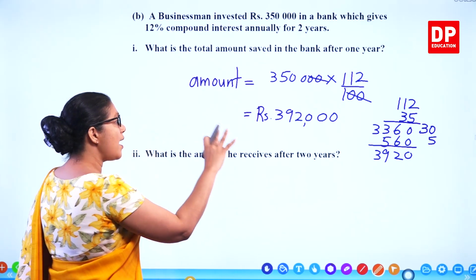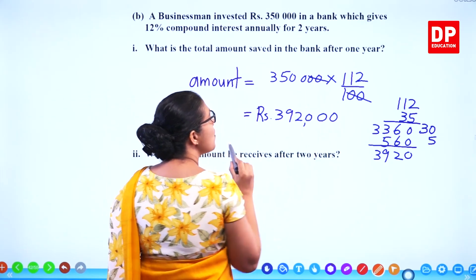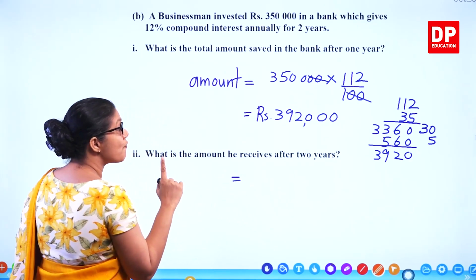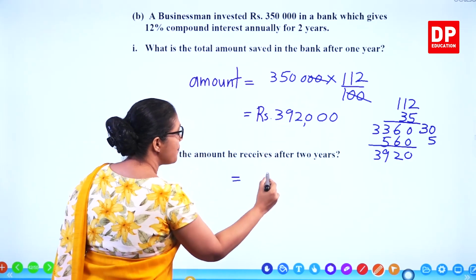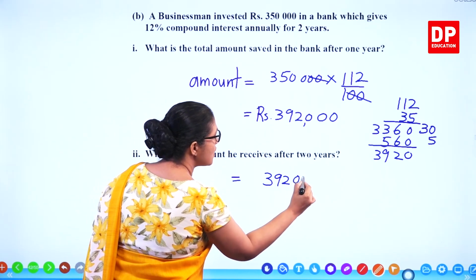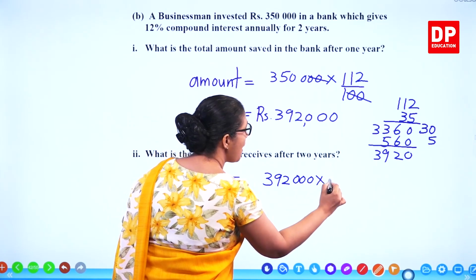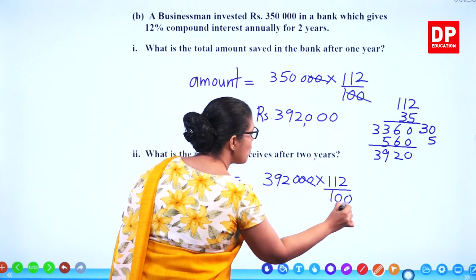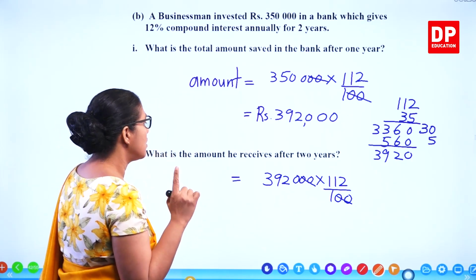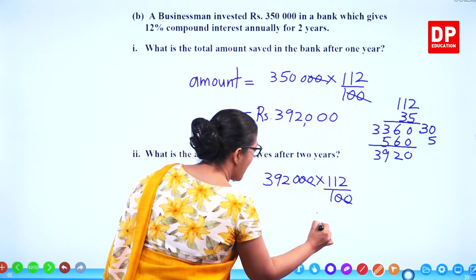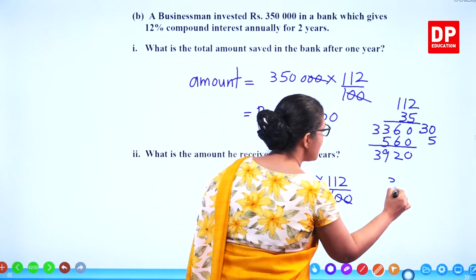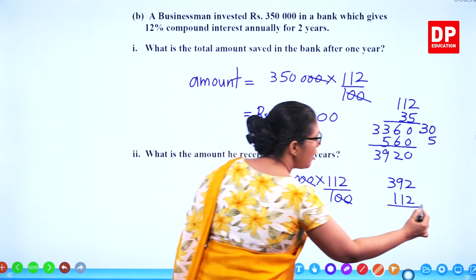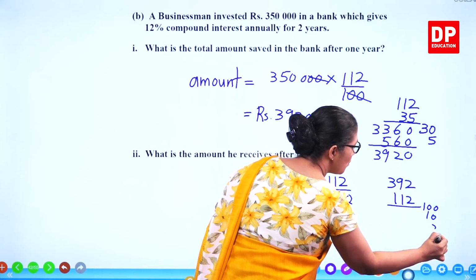Now you have to again multiply by 112 over 100. So what is this amount that he received after 2 years? This is after 1 year, 392,000. Again you have to multiply by 112 over 100. So 2 zeros get cancelled out. 0 is there. 392 multiplied by 112. 100, 10 and 2.